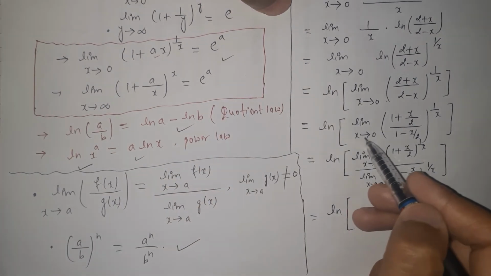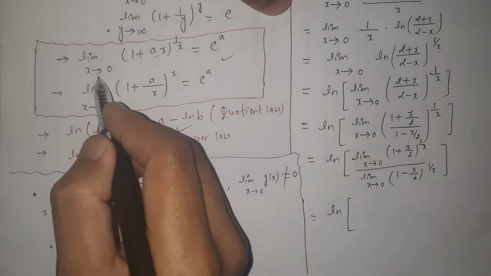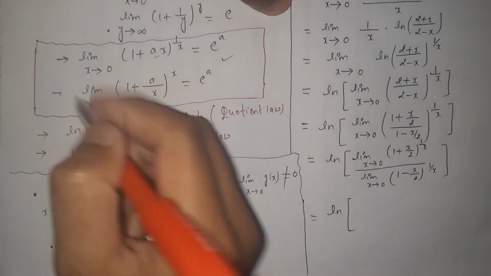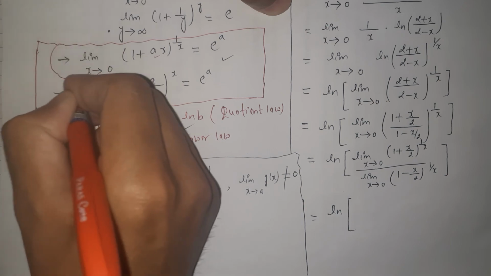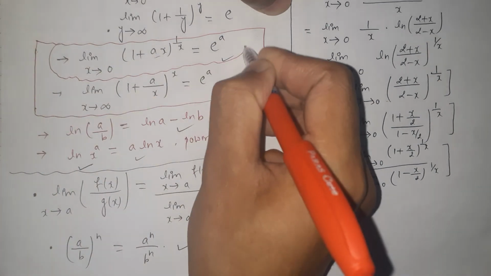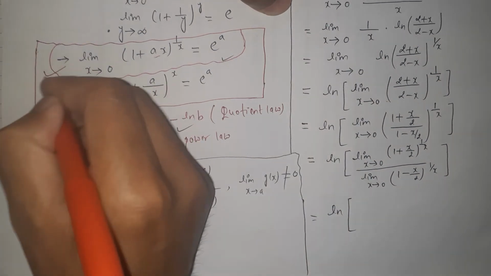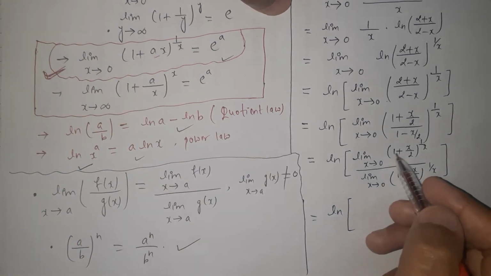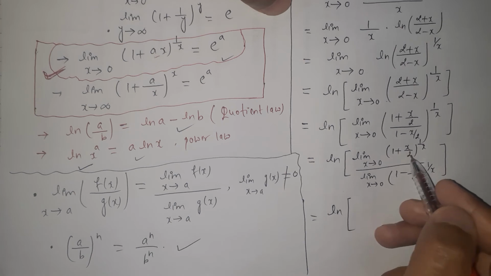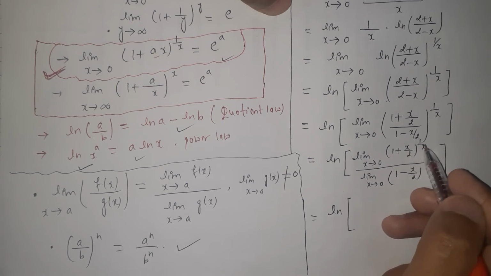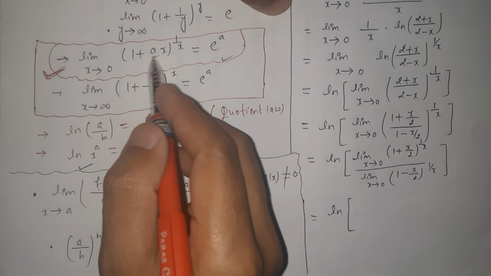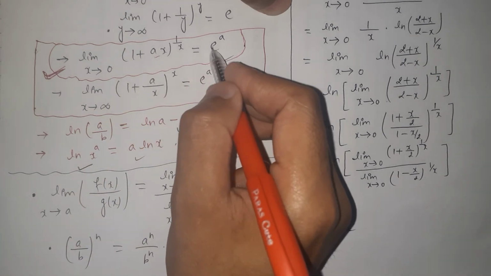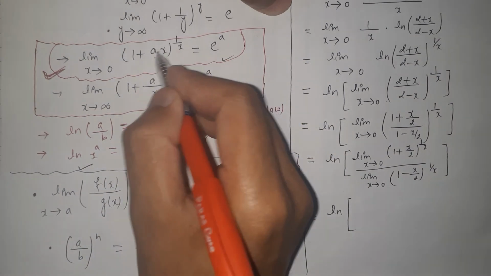Here the limit is approaching 0, so we have to use this first formula. In our question the limit is approaching 0, so we choose this first formula, which has the same format, 1 plus x over 2 to the power 1 over x, and in this case we take e to the power of the coefficient of x.